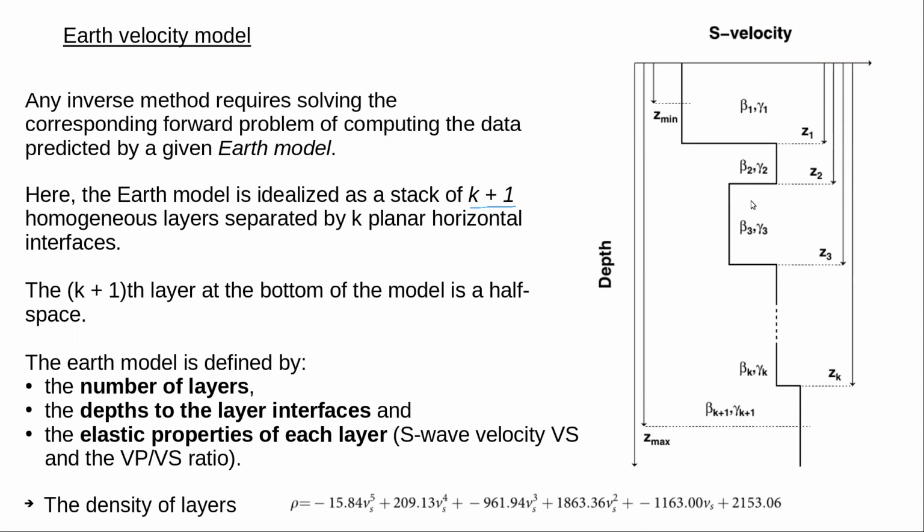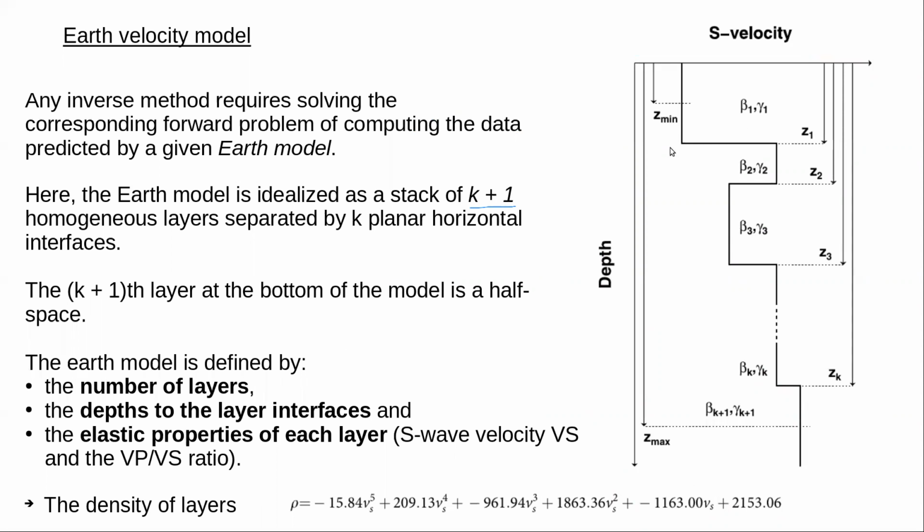So we define our structure. We have to choose some maximum depth that we want to go to, and then we define some k+1 homogeneous layers, and we define some model parameters for these layers.